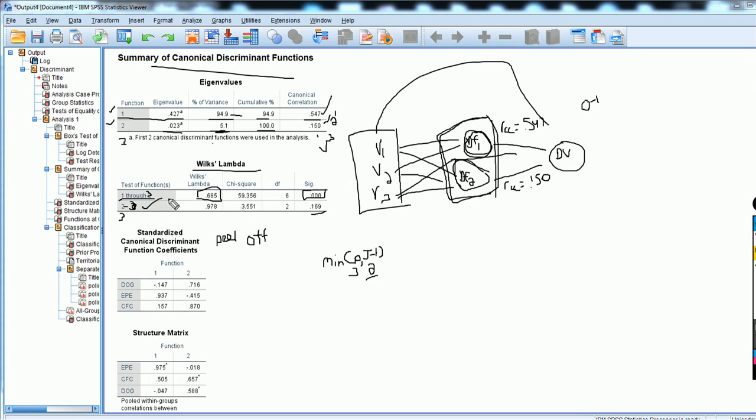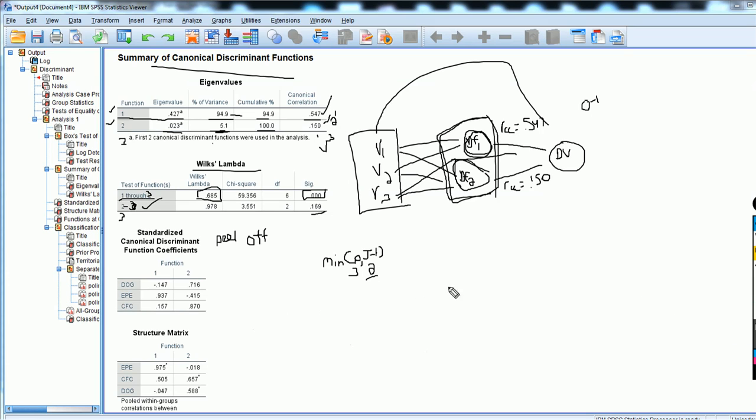So it's conceivable that we could have had test of functions 1 through 3 being significant, and 2 through 3 being significant, and 3 being non-significant, in which case we would have been talking about functions 1 and 2. So that's just to highlight sort of the logic of this peel-off procedure in a little bit more detail.